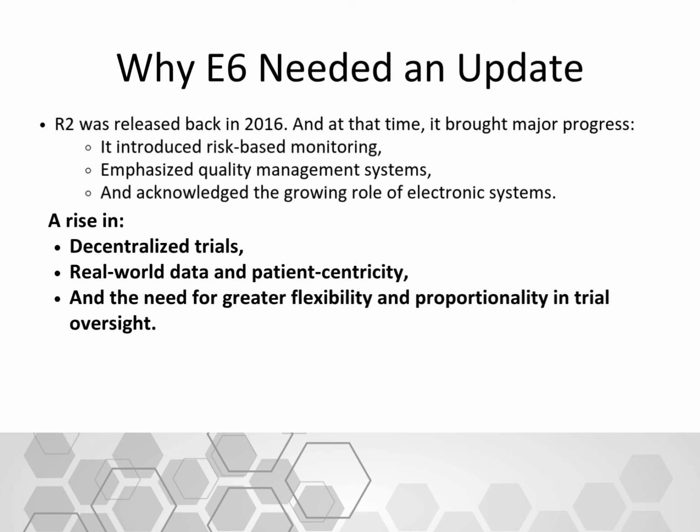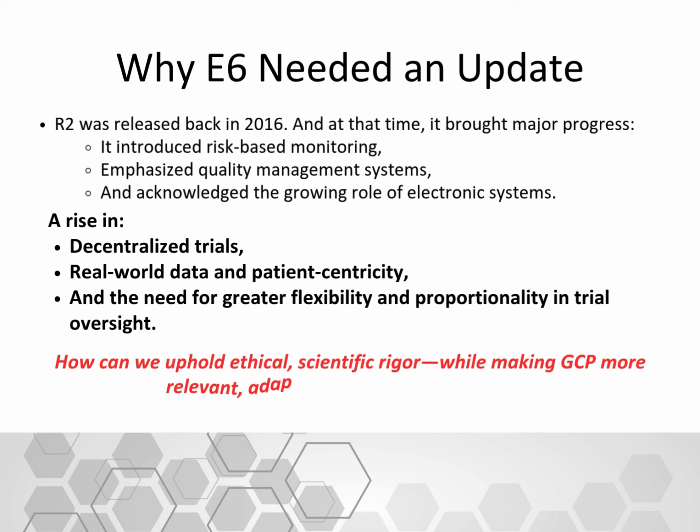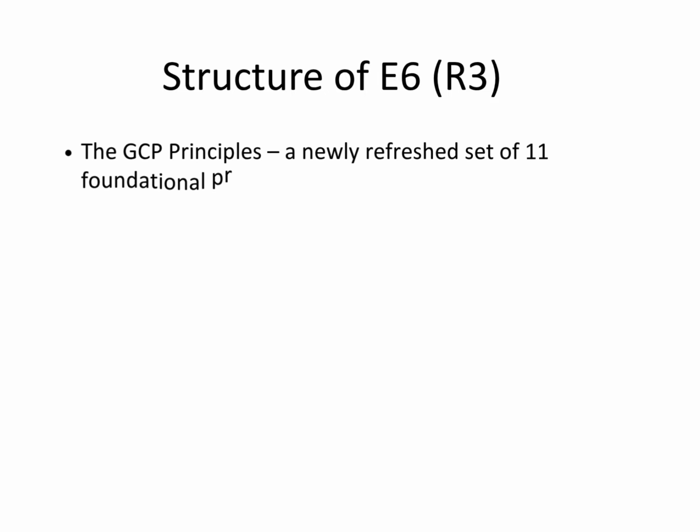So, ICH E6 R3 was designed with this question in mind: how can we uphold ethical scientific rigor while making GCP more relevant, adaptable, and forward-looking? E6 R3 now has a modular structure made up of the GCP principles, a newly refreshed set of 11 foundational principles that apply across all trials.